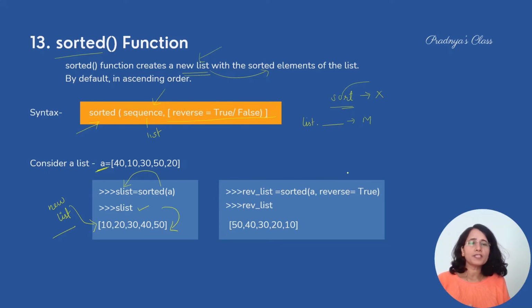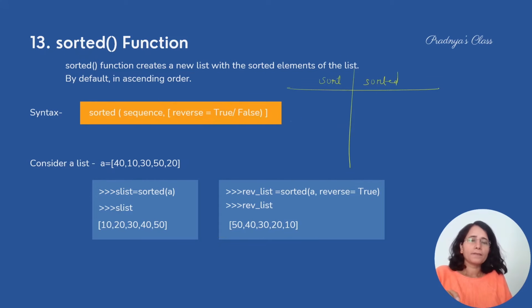And we use this parameter reverse equals true if we want to sort the list in the descending order. So the new list got created in this variable. When we printed this variable, we got the new list with the elements in the descending order.